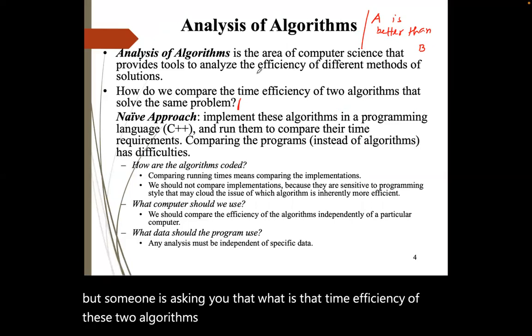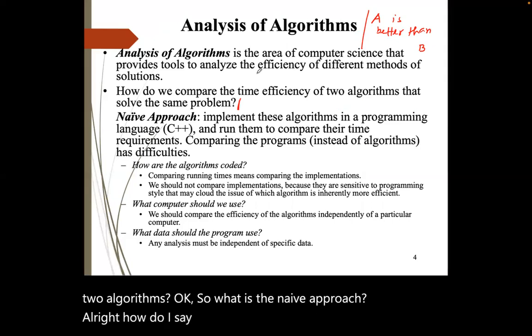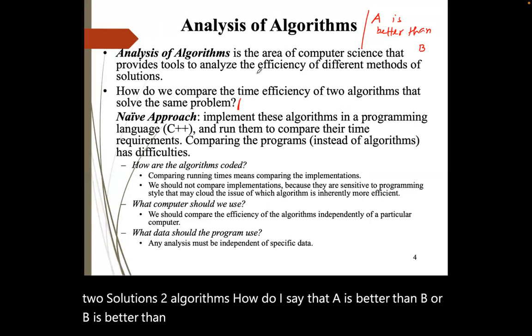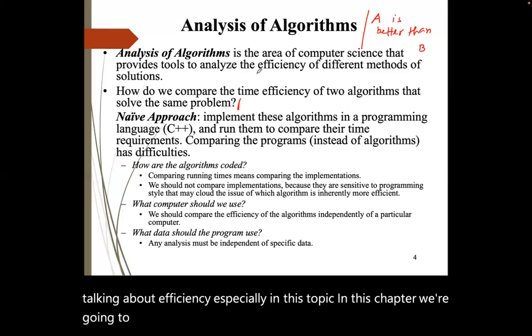What is the naive approach? Let's say I have two solutions, two algorithms. How do I say that A is better than B or B is better than A? And from now on, when we're talking about efficiency, especially in this chapter, we're going to focus on the efficiency in terms of time.